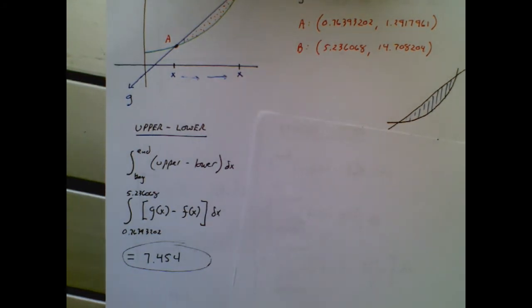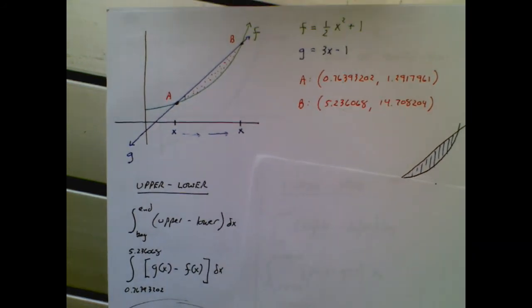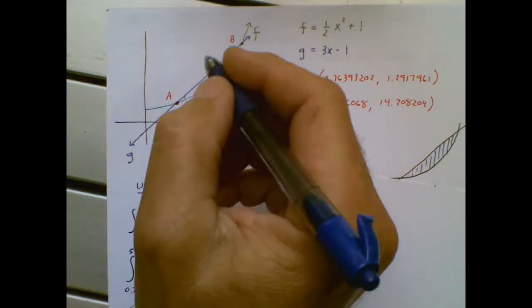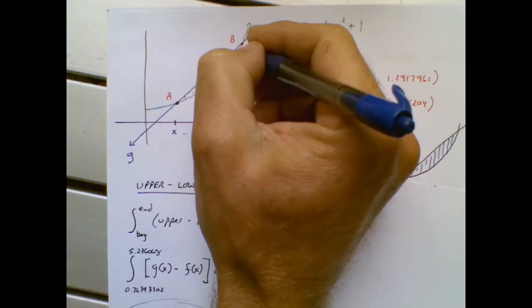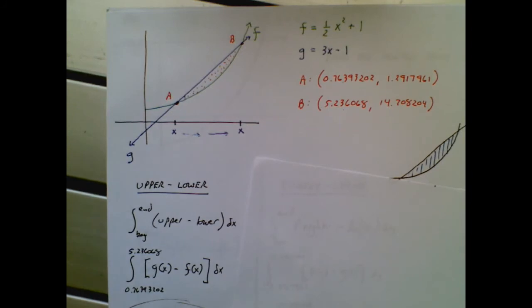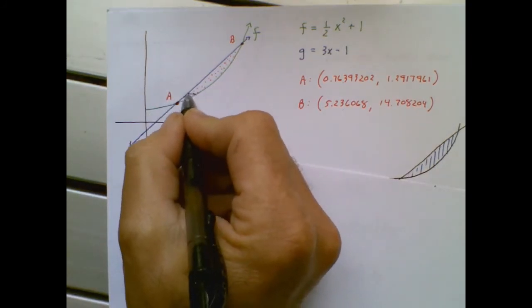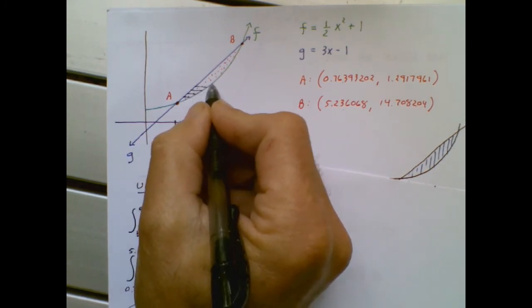Well, let's take a look at this problem again. And if I look at it, I would say, hey, you know what? In this case, as opposed to the other case, I could also do my stripes going across. Stripe, stripe, stripe.